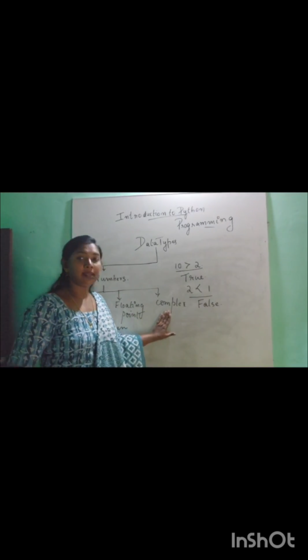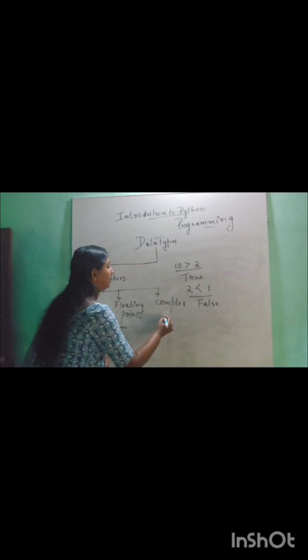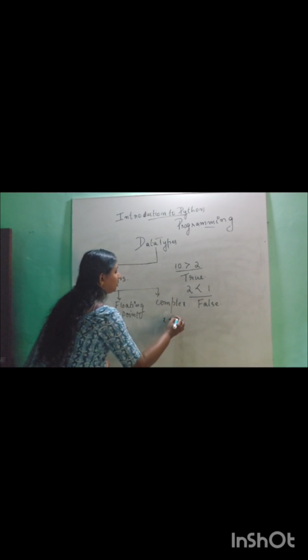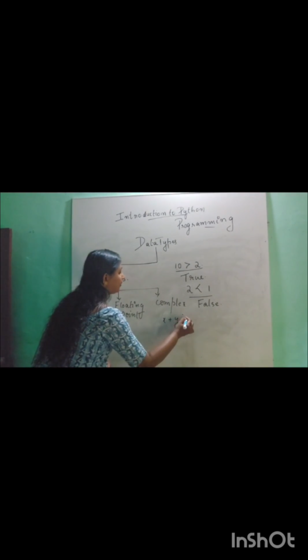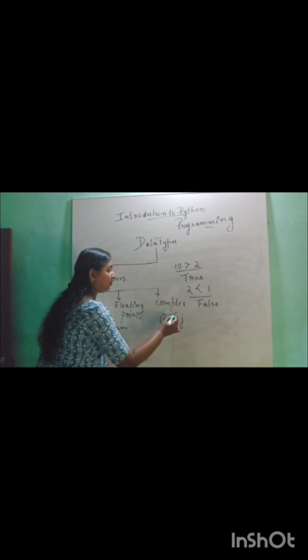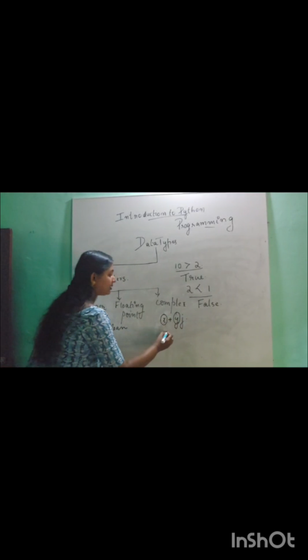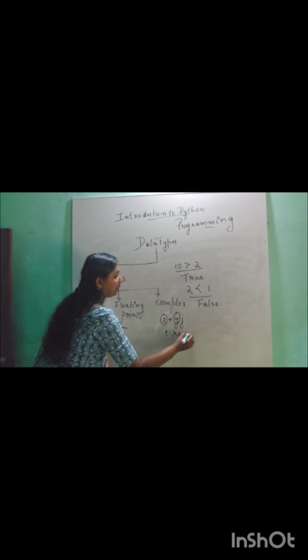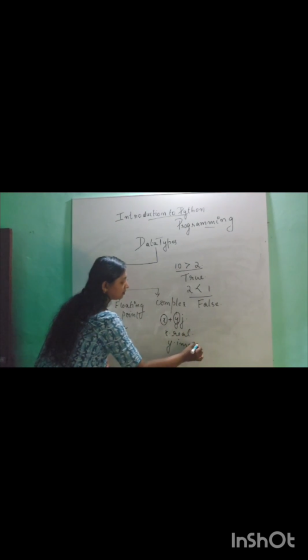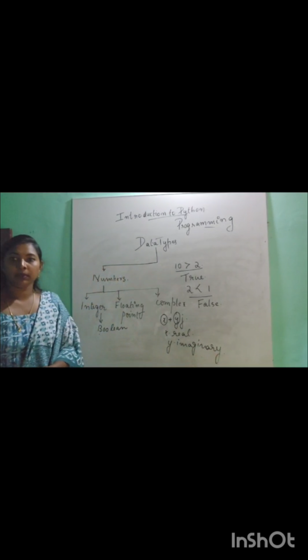The complex data type takes only complex values, for example x plus yj, where both x and y are float values, x is the real part and y is the imaginary part of this complex number.